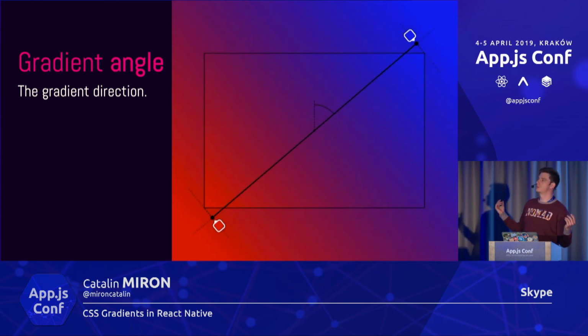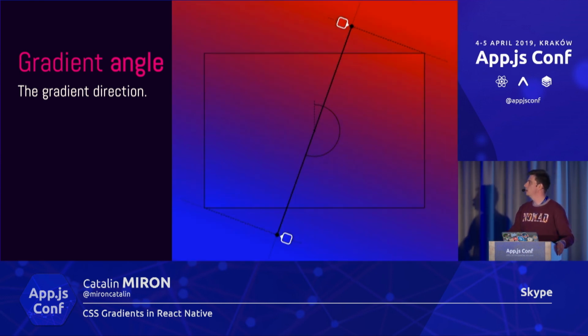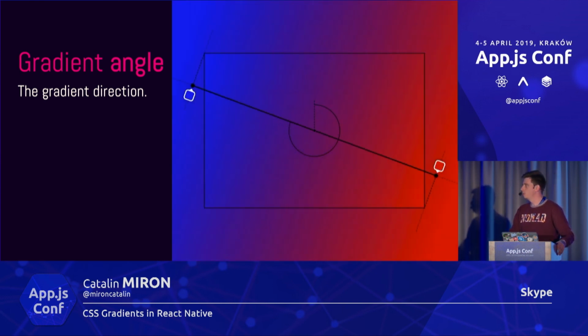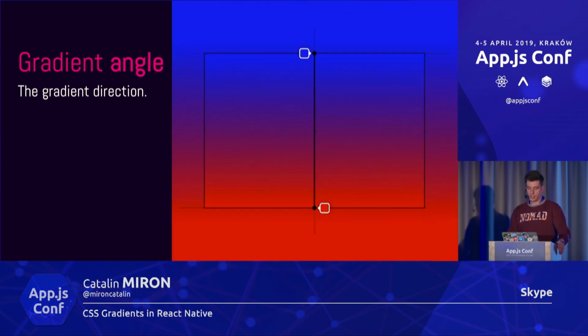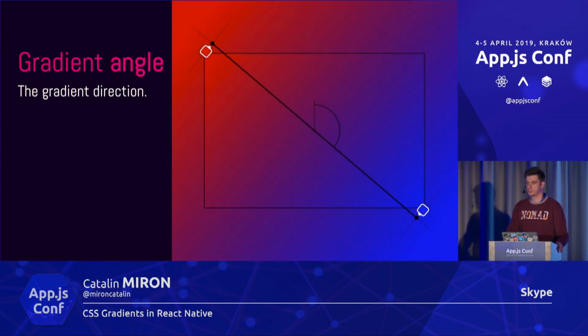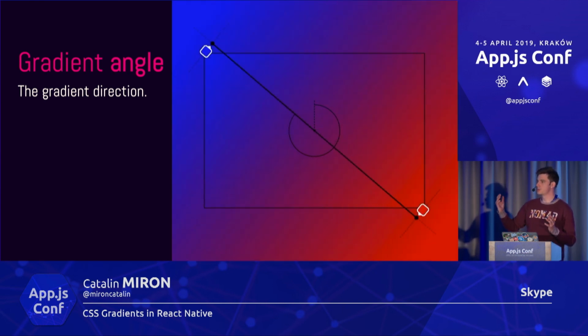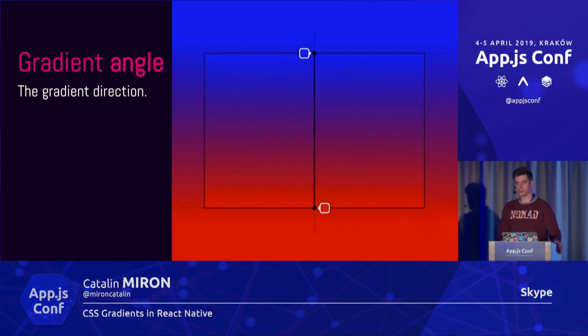The gradient line should expand beyond the gradient box, and this is where the magic, let's say, is happening on the web. It's not always about placing the points at the edge of the gradient box. You always need to expand it to properly spread the whole gradient along the gradient box.